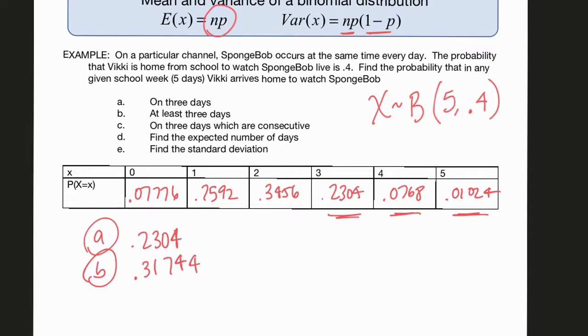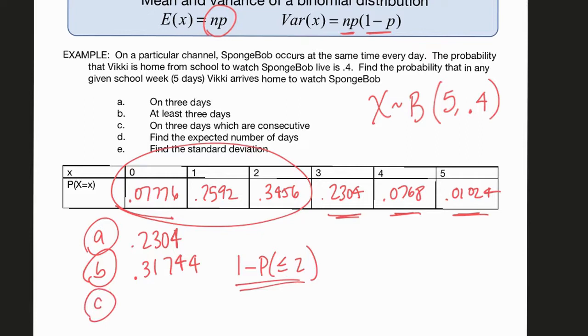Keep in mind, if you just have your calculator, you could do 1 minus the probability that it's less than or equal to 2, which means you're calculating those 3 at the same time and then finding the complement.